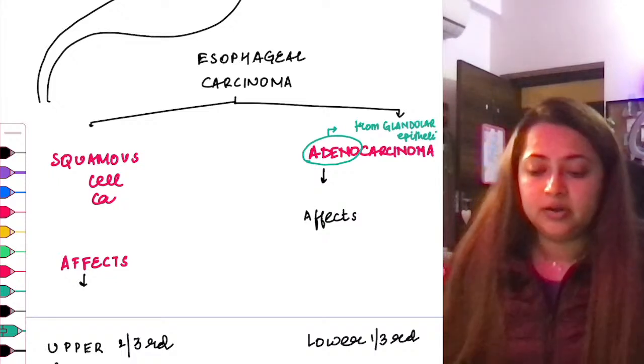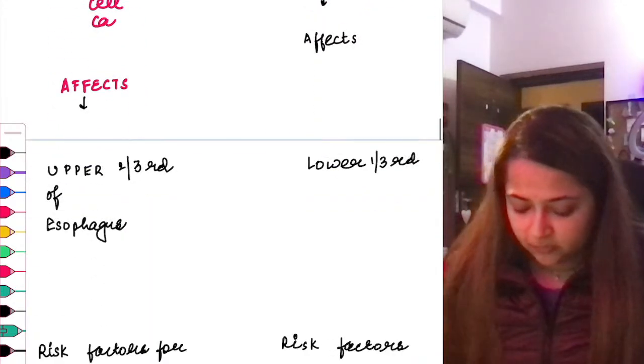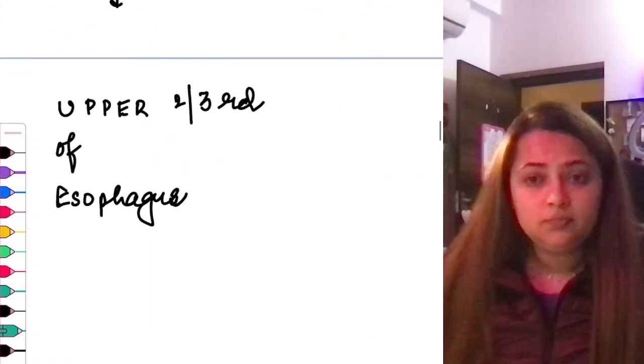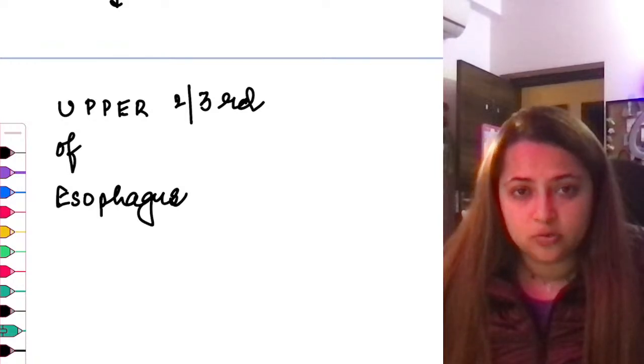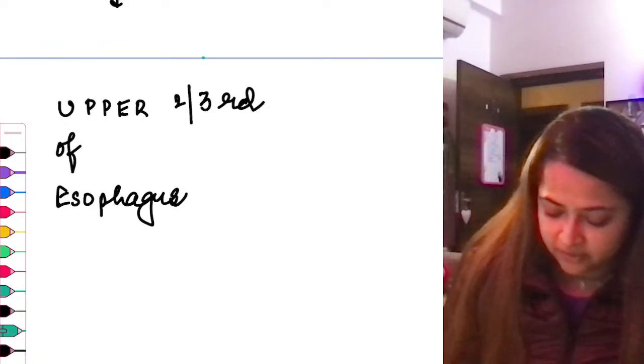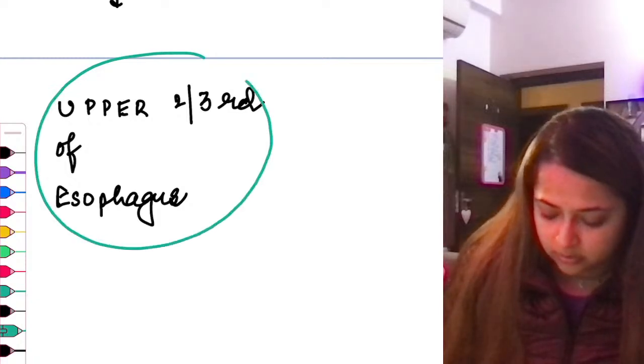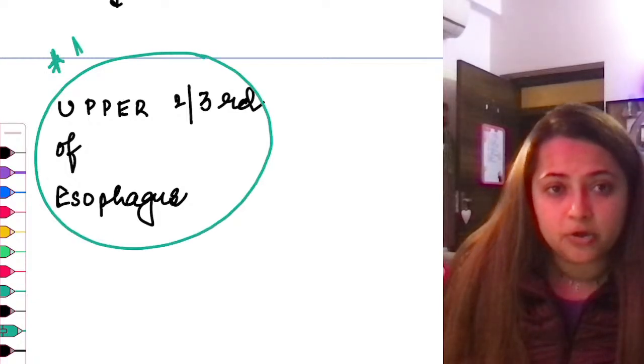Now, what do you have to remember about these? First of all, the location. The squamous cell carcinoma of the esophagus would involve mostly which location of the esophagus? Your answer is going to be upper two-third.